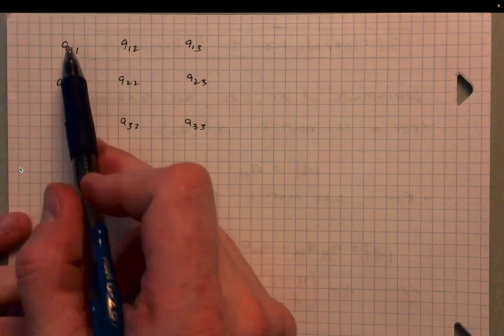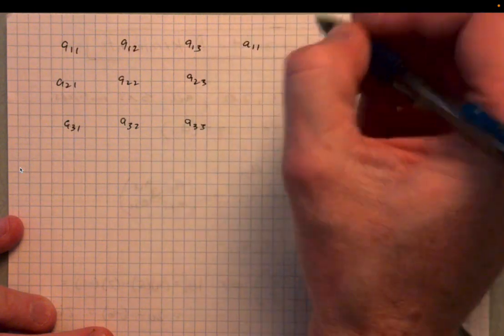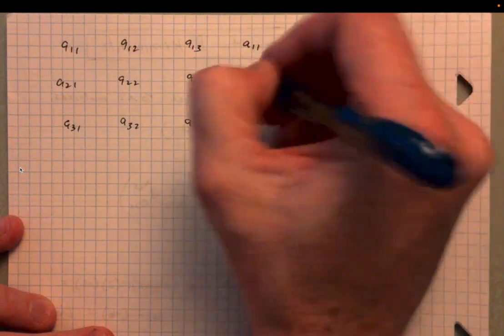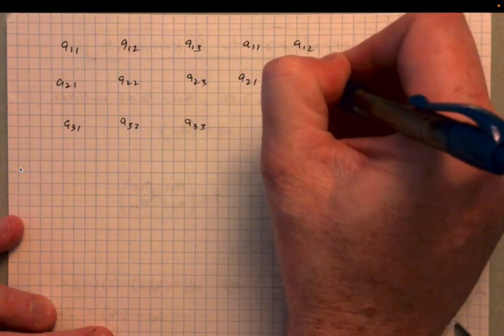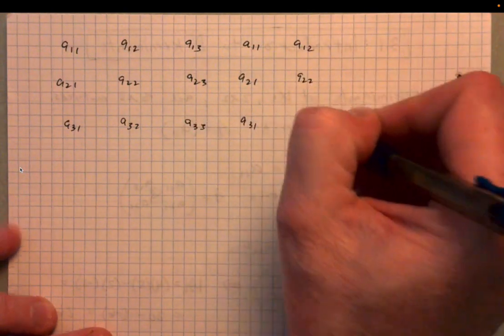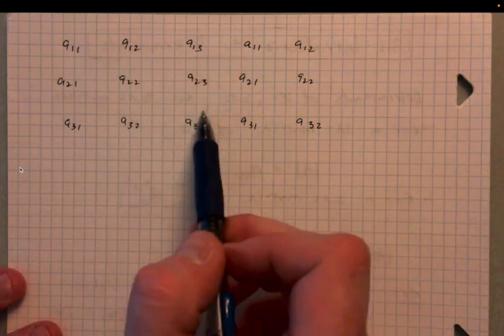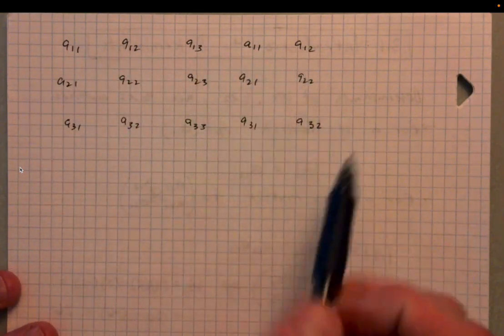Now what I'm going to do is take the first column and the second column, and add those on to the side here as well. Again, A11, A12, A21, A22, A31, A32. So I've got the matrix entries themselves, and then I've duplicated the first and second columns.